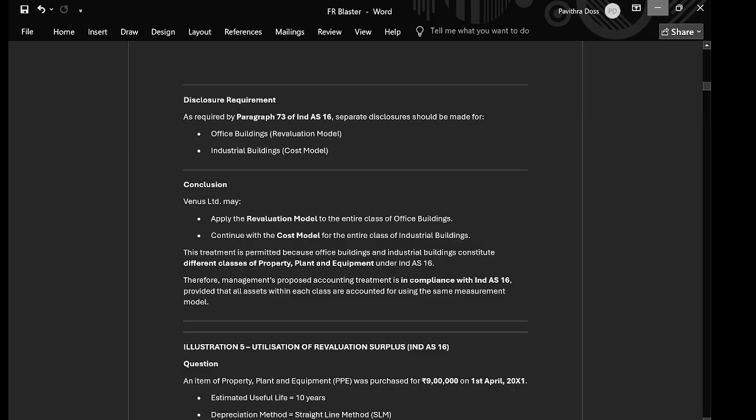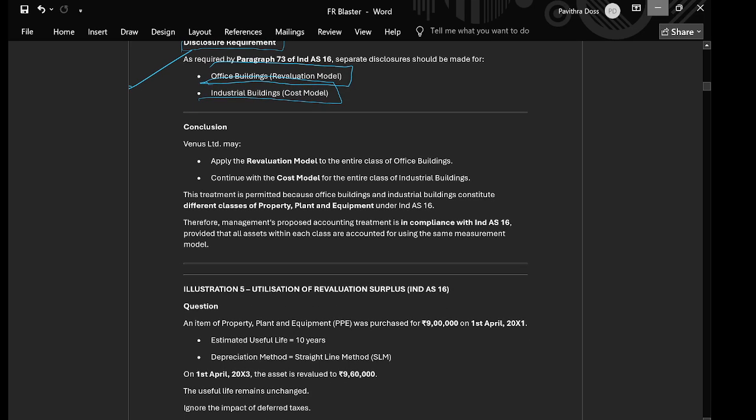Also, the disclosure requirement as per IND AS 16 is that you will have to disclose what method of valuation you are using for each class of asset. So we'll disclose office building revaluation model, industrial building cost model, like that.